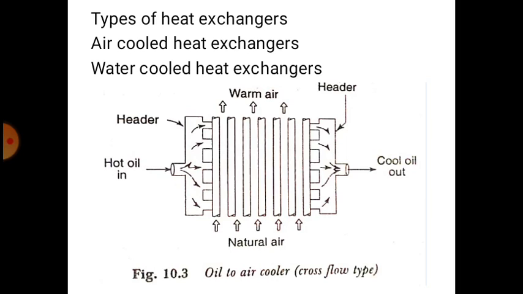So already we have discussed the types of heat exchangers. It may be heaters, air coolers or water coolers. It may be parallel flow, counter flow or cross flow. Among the major types of heat exchangers, we are going to use the air cooled heat exchangers, the oil to air cooler.